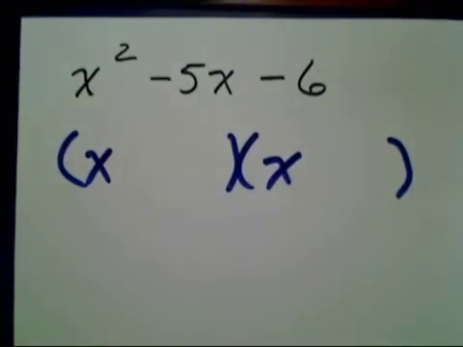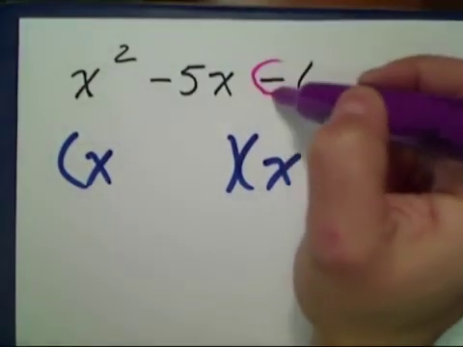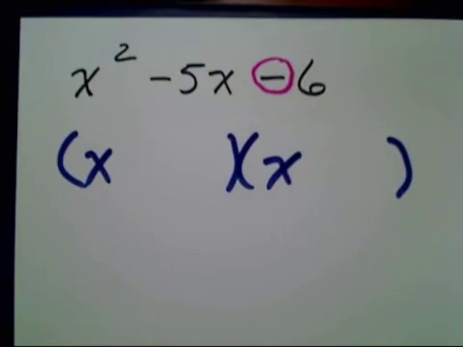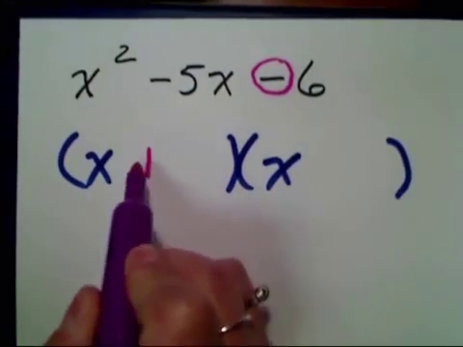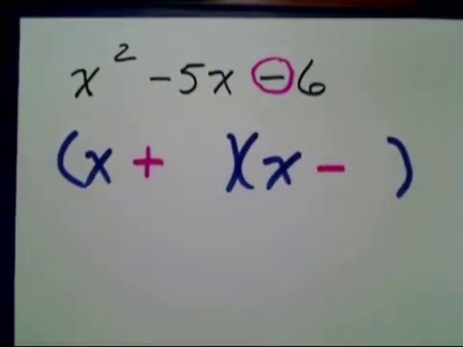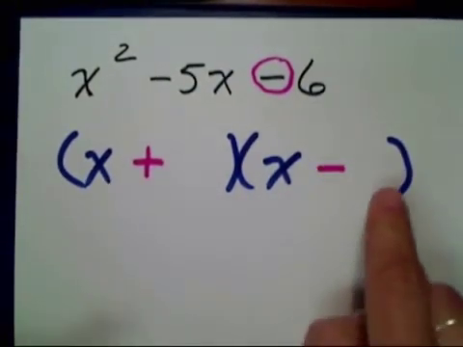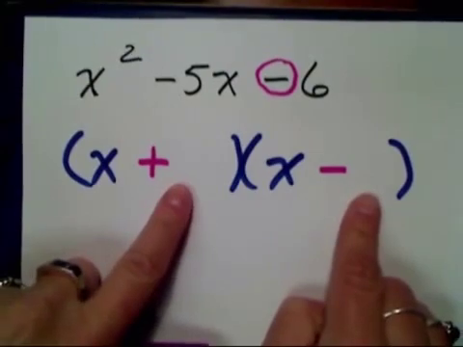Now in this case though, we have a couple other changes. I notice here that my sign in front of my 6 is negative. The only way that we multiply two numbers together and get a negative is if one is positive and one is negative. So when I put my numbers in, I'm going to have a positive and a negative.